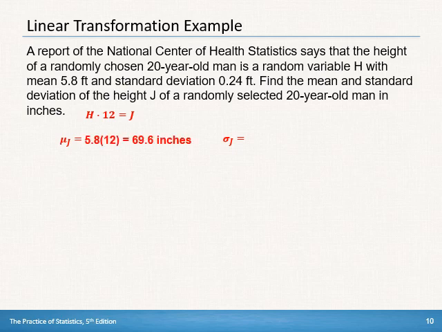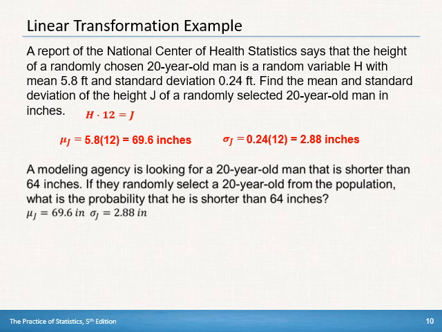So the mean, the new mean, is going to be the old mean, 5.8 times 12. And then what do we do to get the new standard deviation? It was 0.24 feet. We're going to multiply it by 12 as well. So now we have this new mean and standard deviation. We did a transformation by multiplying by 12.